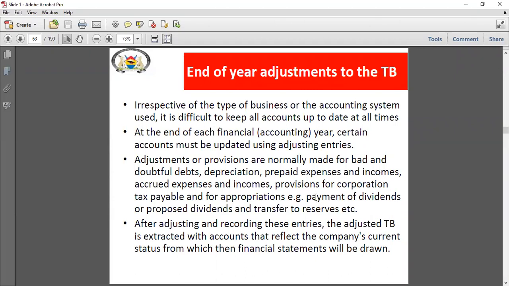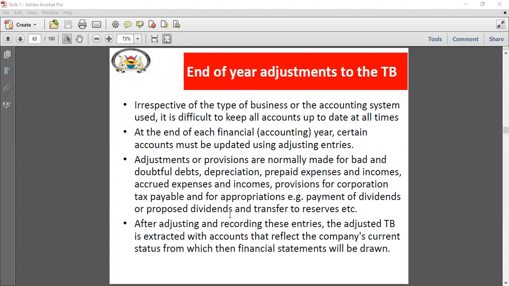Profits for corporations can either be given out as dividends, or we can have what we call retained earnings. You get it? So companies can choose to either issue dividends or retain the money in the business as retained earnings. Some companies do both. They offer dividends partly, and part of the money remains in the business for future purposes.